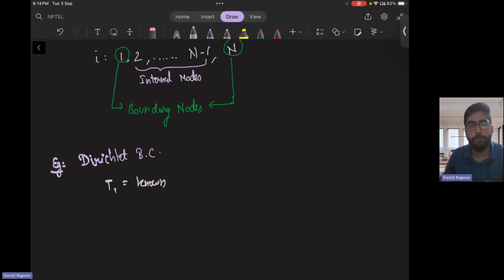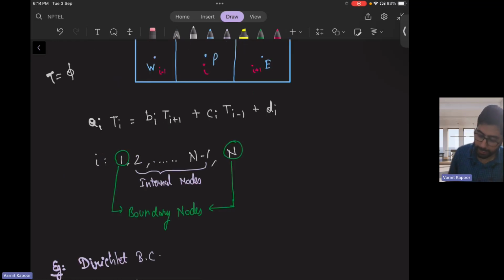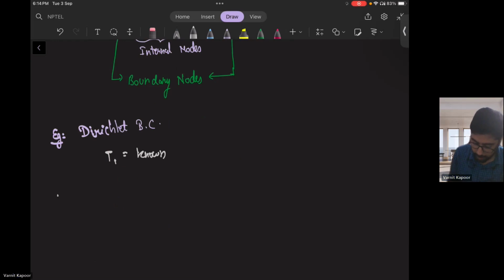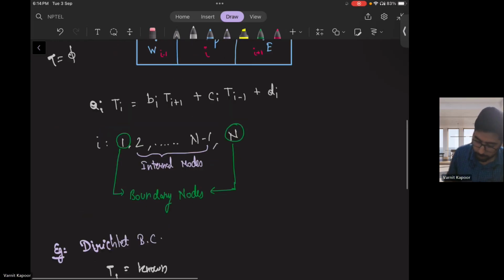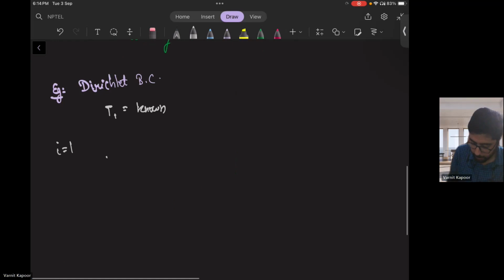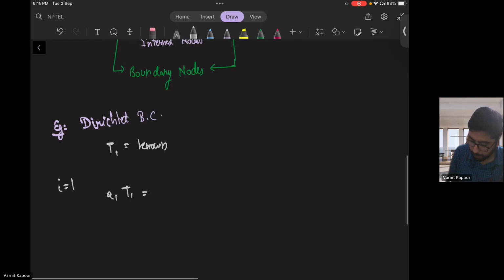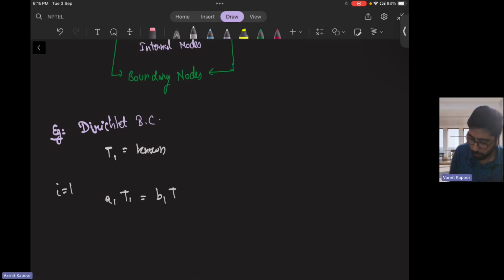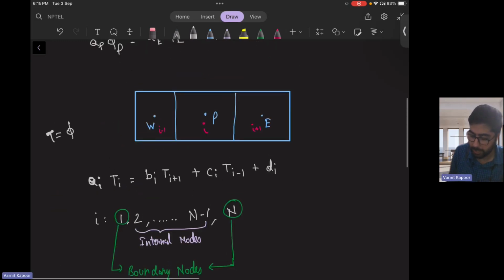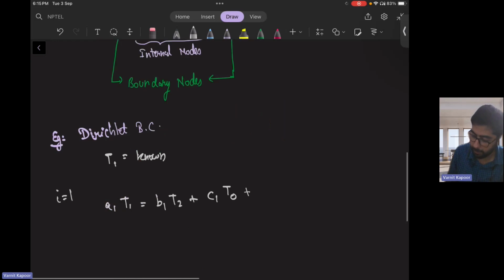Now, if you see the equation, if I put i as 1 in the above equation, the equation will be A1 T1 is equal to B1 T2, that is the east node, plus C1 times the west node, that is nothing but 0, plus D1.